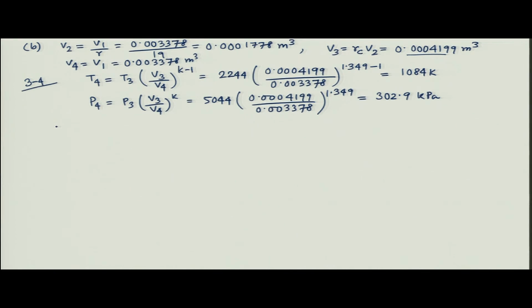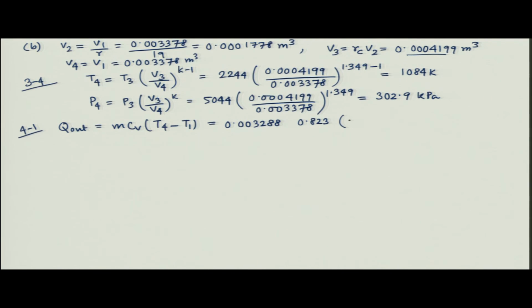Next, we have to find the net work output of the cycle. We first find Q out during process 4 to 1, and Q out will be equal to m times Cv times (T4 minus T1), right. The mass in the cycle is 0.003288 kg, and Cv is 0.823 kilojoule per kg Kelvin.